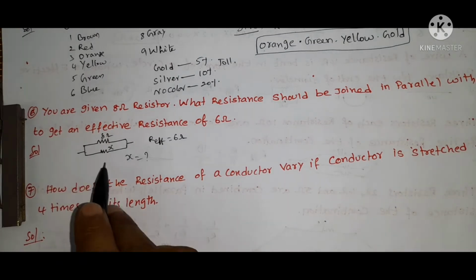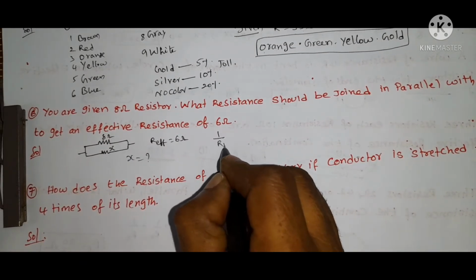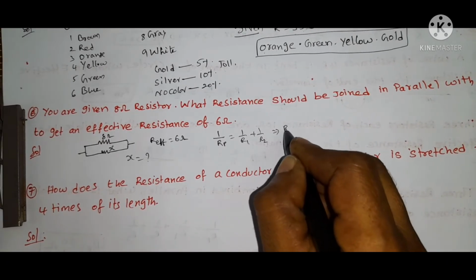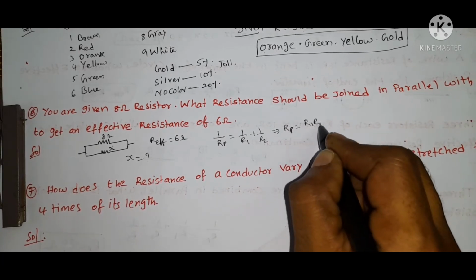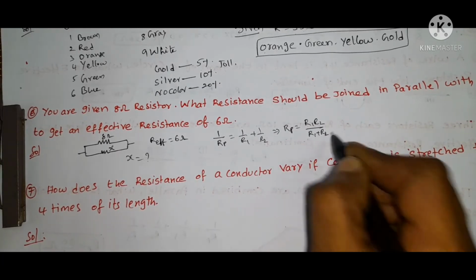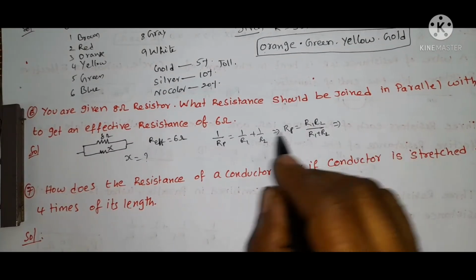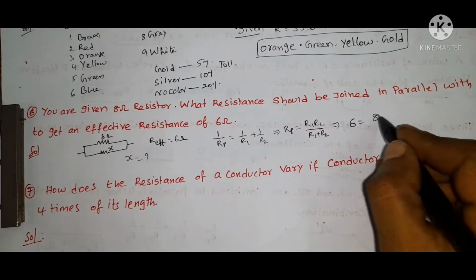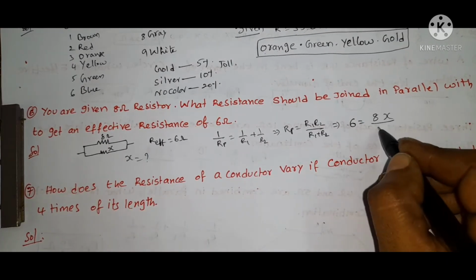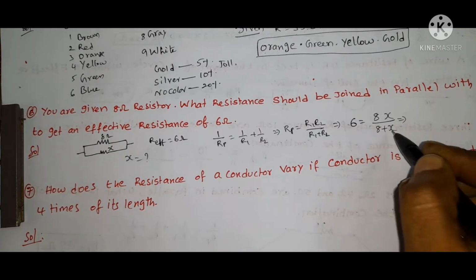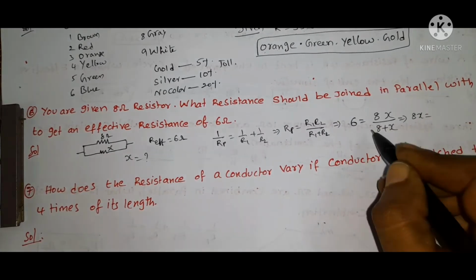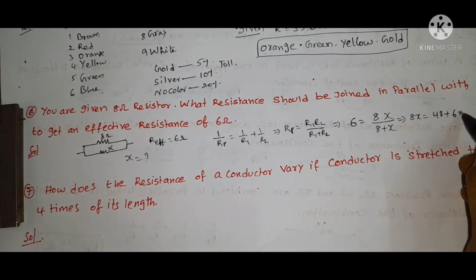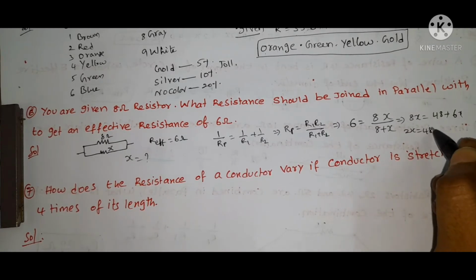If these are connected in parallel, as you know the formula, 1 by Rp is equal to 1 by R1 plus 1 by R2. Or simply you can write Rp is equal to R1 R2 by R1 plus R2. So substituting the values, Rp effective value is given as 6, which is equal to R1 value 8, R2 we don't know, X, by 8 plus X. Now do the cross multiplication: 8x is equal to 6 times 8, that is 48, plus 6x, that is 2x is equal to 48.